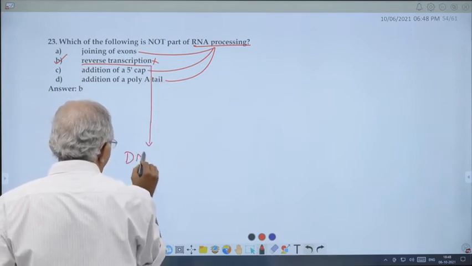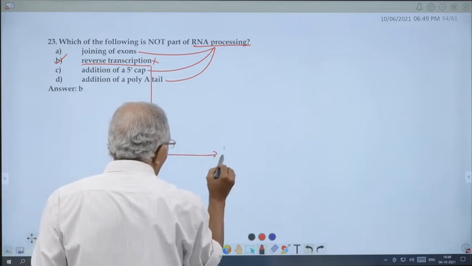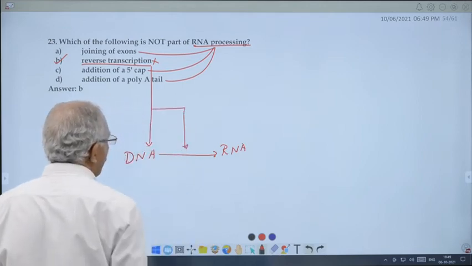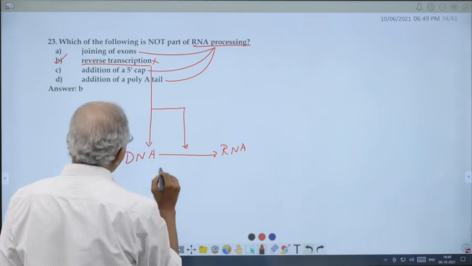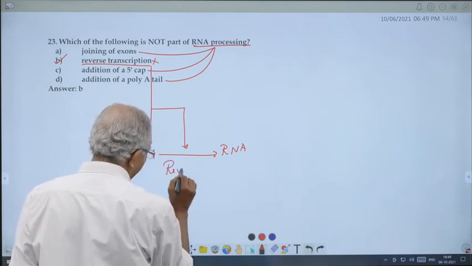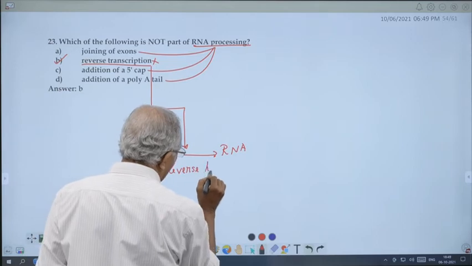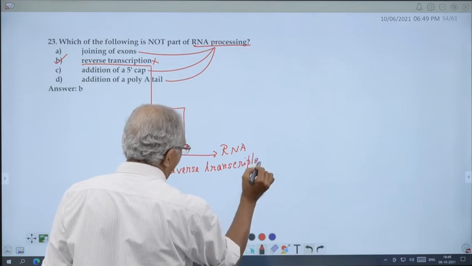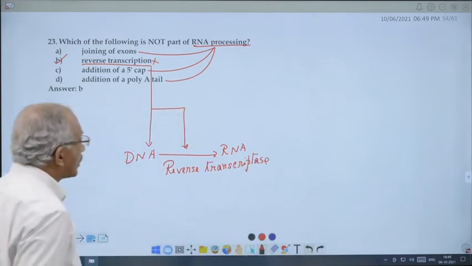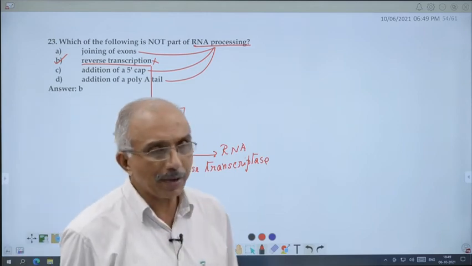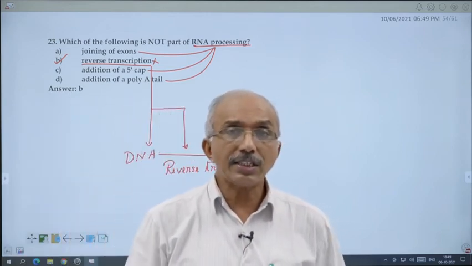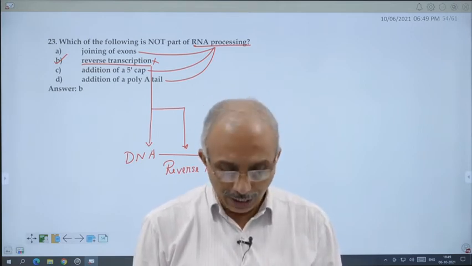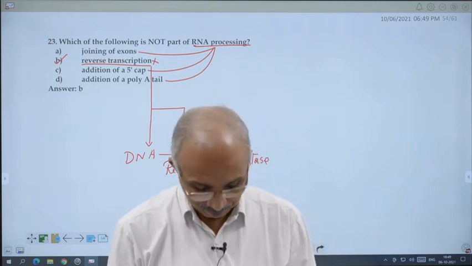That is formation of DNA from RNA. The enzyme is reverse transcriptase. It is not an event in post-transcriptional change.